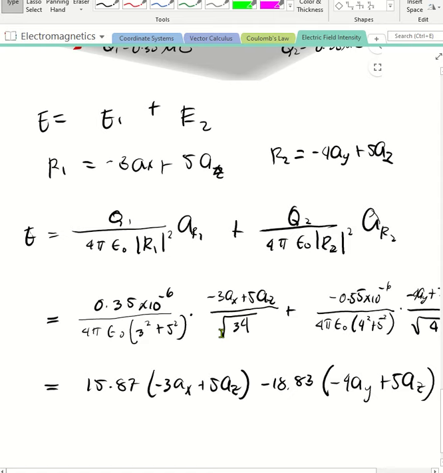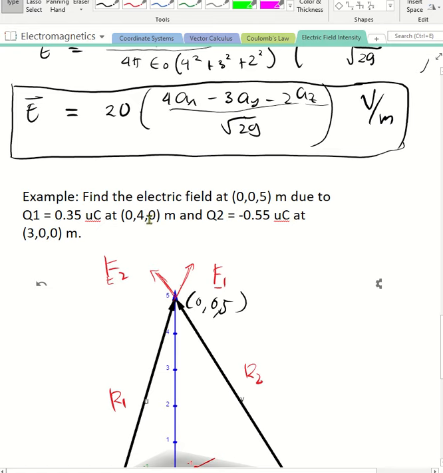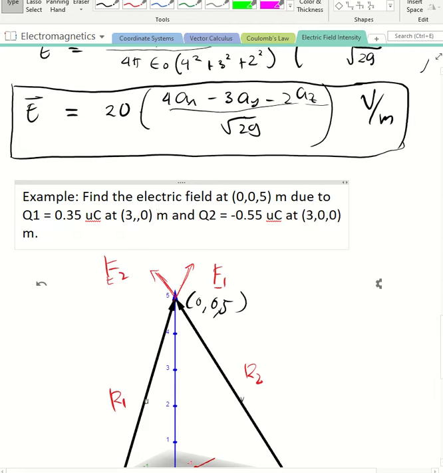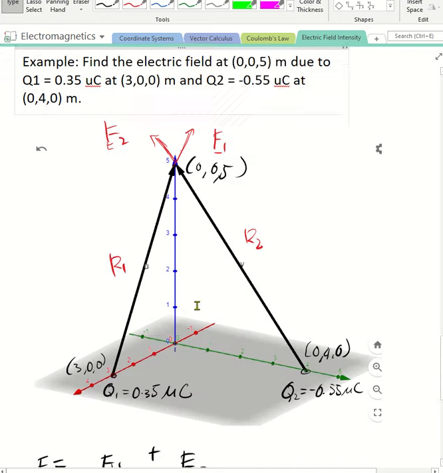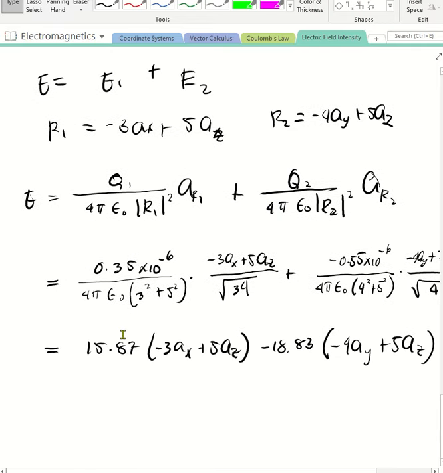So what we do here is to interchange the value of Q1 and Q2. But instead of doing that, let's just change the problem. Just make this one 300, and this one is at 040. Sorry for that. So that the drawing is still correct and our solution will still be valid.